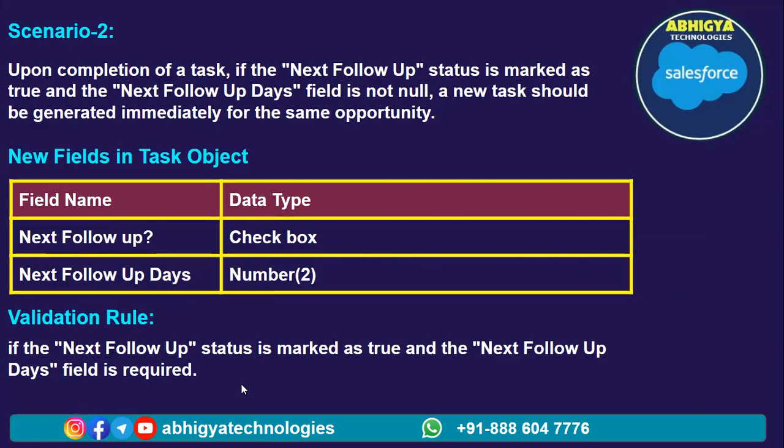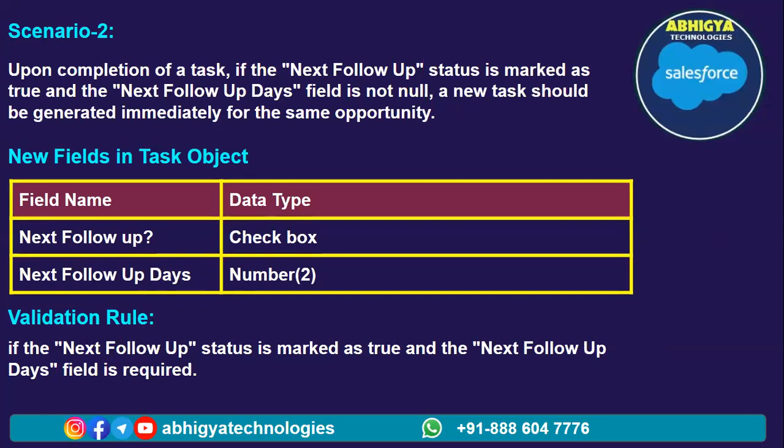Let's move on to the second scenario. Upon task completion, if the next follow-up status is marked as true and the next follow-up days field is not null, we have to create another new task immediately for the same opportunity.